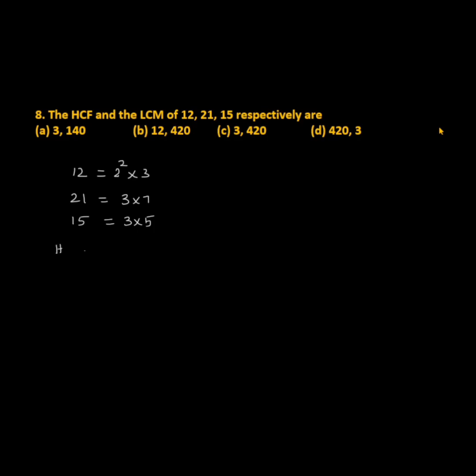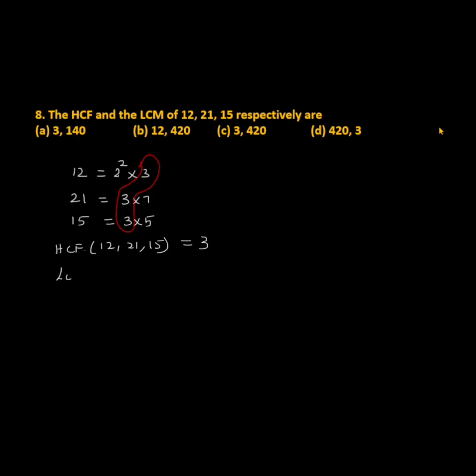So now we need to find the HCF of 12, 21 and 15. So which is the common factor here? Only 3. 3 is common for all the 3 numbers, with the same power. So the HCF of these 3 numbers is only 3.